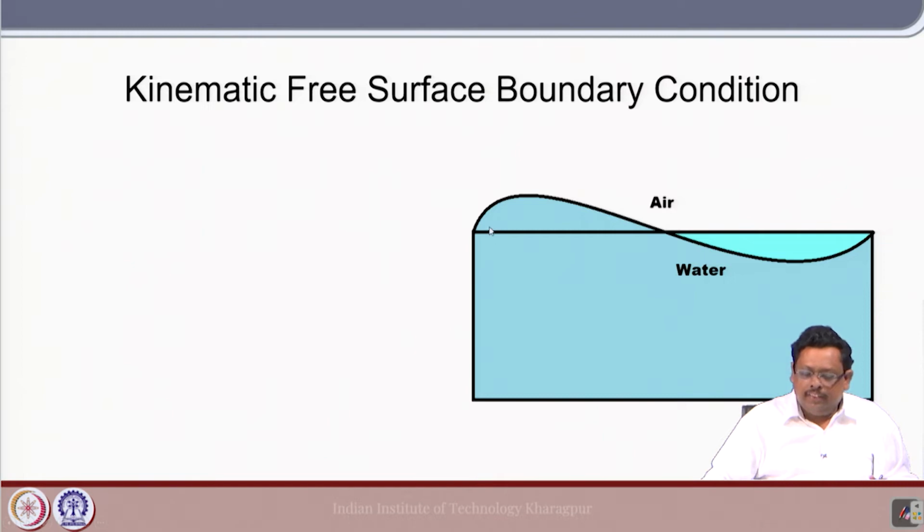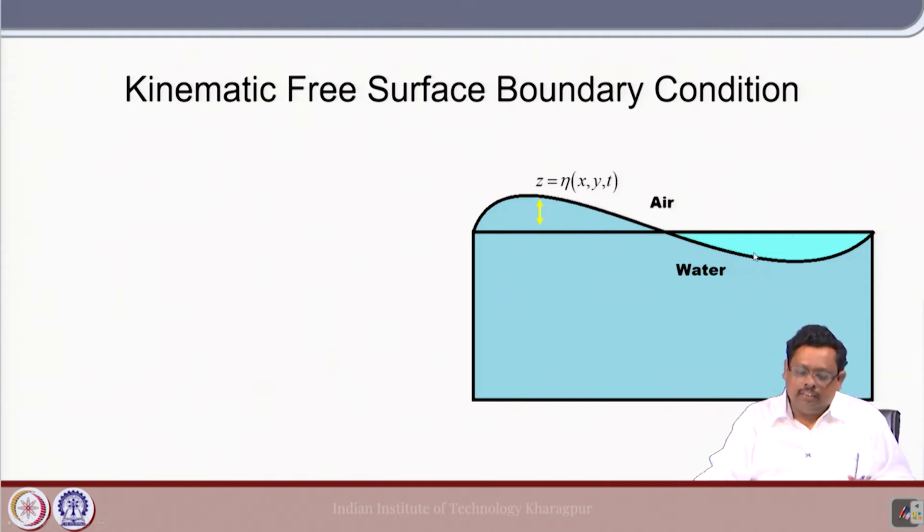Now, if you assume that the coordinate axis that is vertically upward is z, we can assume this vertical distance z is a function eta, which depends on x, y and t. Here, in the two dimensional case we cannot see the transverse axis, but if you travel along this x axis, this eta will change.